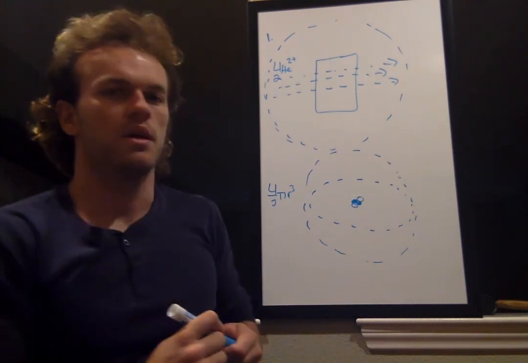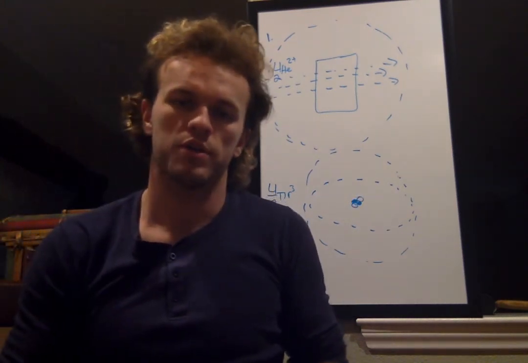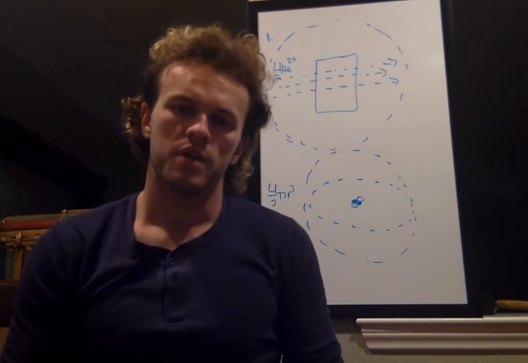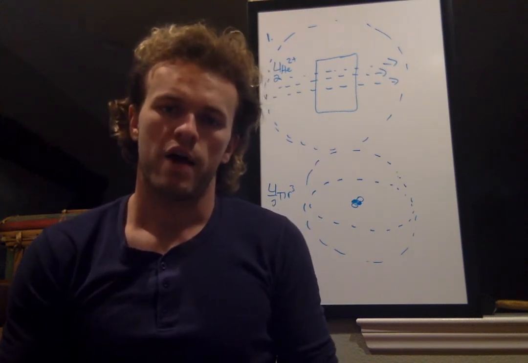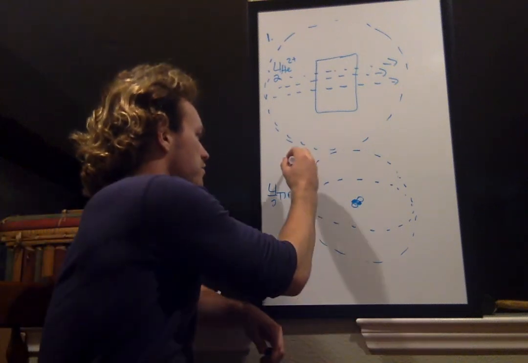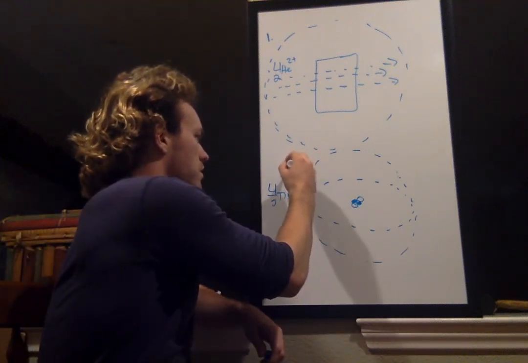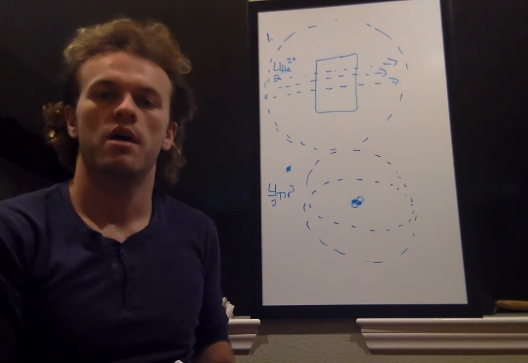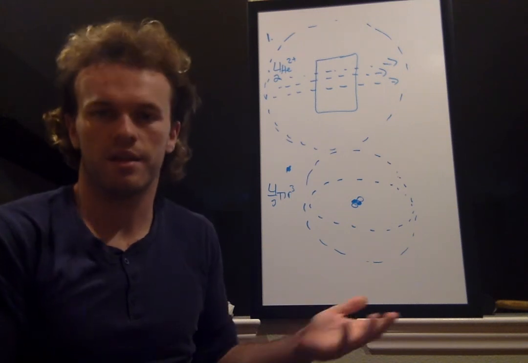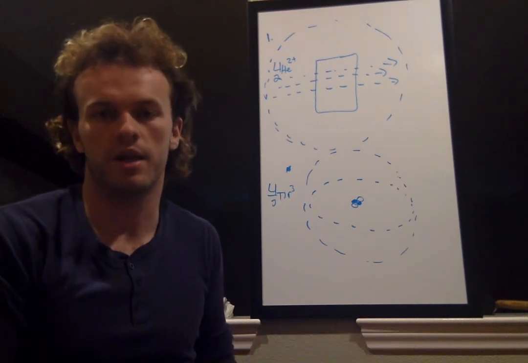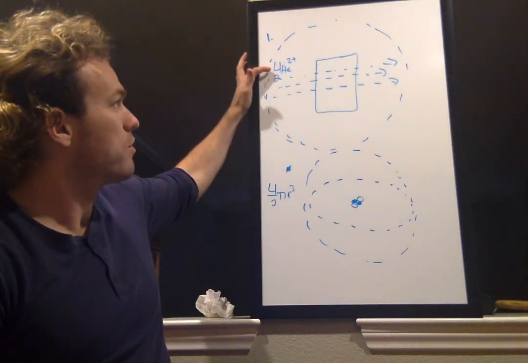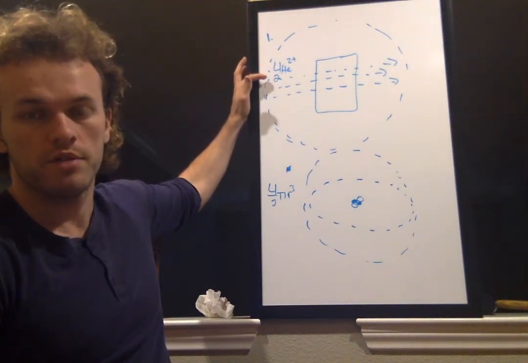To state again, the alpha particles are a helium nucleus, right? It has a mass number of 4 and an atomic number of 2.